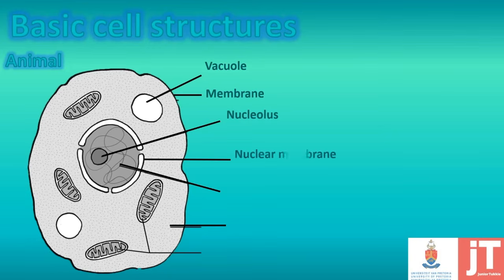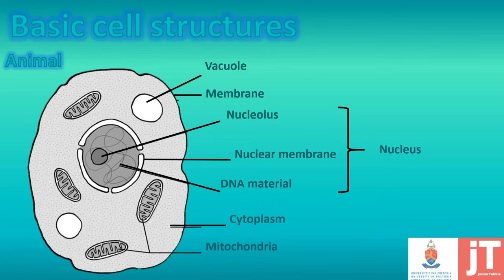Then our next structure is our nuclear membrane, and then the chromatin network, or even known as the DNA or the genetic material. So the nucleolus and the nuclear membrane and the DNA together will form the nucleus, the brain of the cell. Then we also have the cytoplasm, which is the light gray structure, and then next we have the powerhouse of the cell, which is the mitochondria.